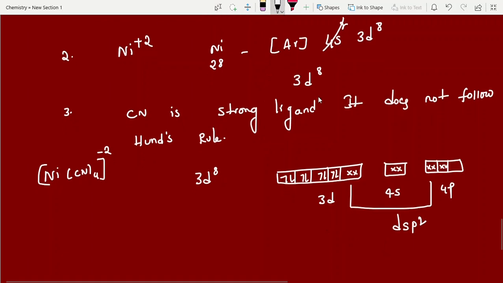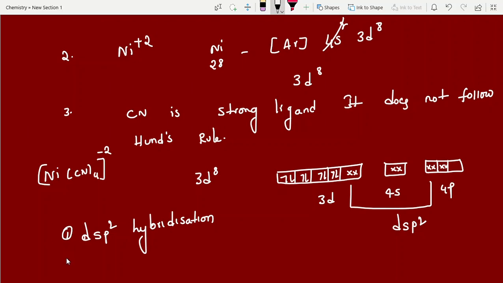Final conclusions. First point, what is it, students? Hybridization: dsp2 hybridization. And the second point, what is the conclusion? Yes, it is diamagnetic, same like the first case. Strong field, diamagnetic.